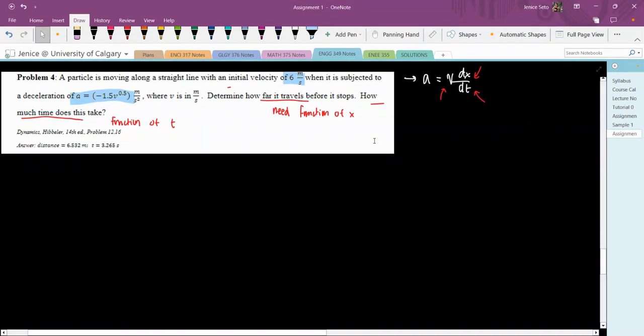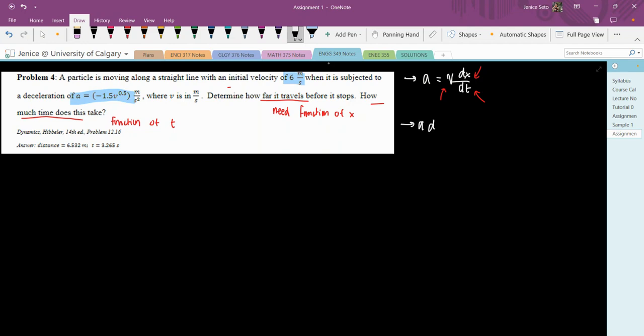And from this equation, we can get the form a dx equals v dv. Okay, so using this form, we are going to solve for the first part of our problem, which is to determine how far it travels before it stops.